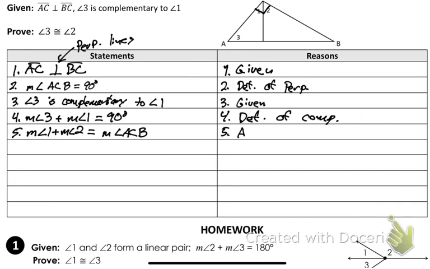That is our angle addition postulate. We have to be able to see that. Do you see how ACB is comprised of angle 1 plus angle 2? That's why we can't just shout things out. We have to really think about what's happening here. We have angle 1 plus angle 2 equals that. Okay, what does ACB equal?